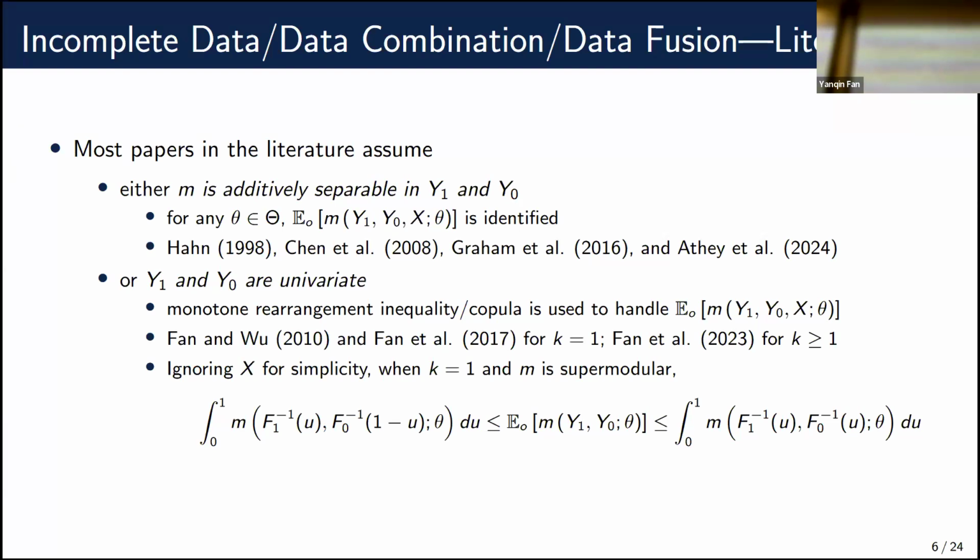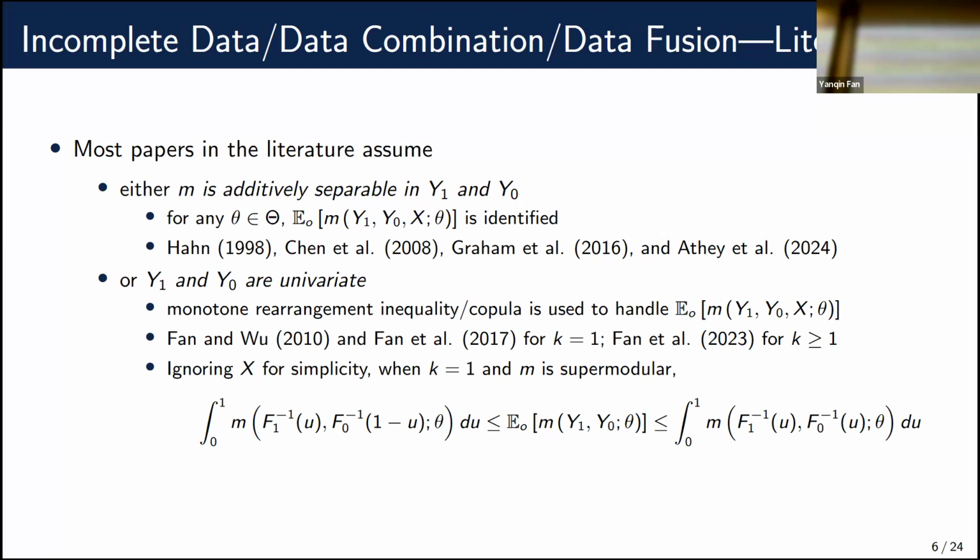And the second case is when y1 and y0 are univariate, then for some functions m, for instance, if m is supermodular, then by the monotone rearrangement inequality, we can upper bound and lower bound the expectation of the moment function.